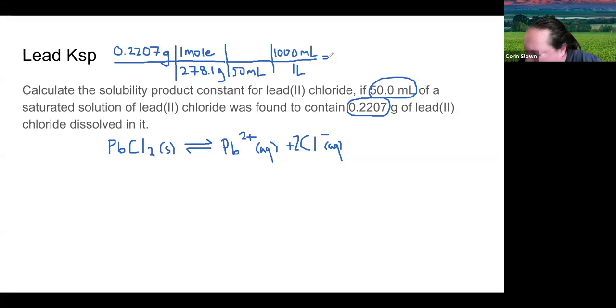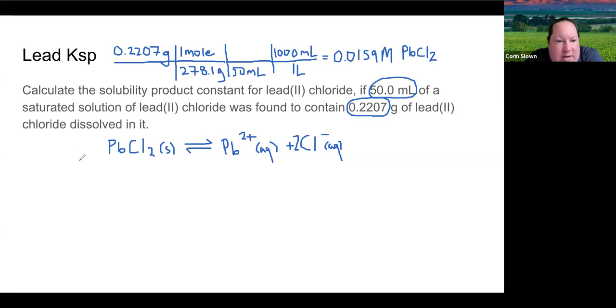And when I do that, I get 0.0159, and that's a capital M of my PbCl2. Okay, so that's my amount in moles per liter.